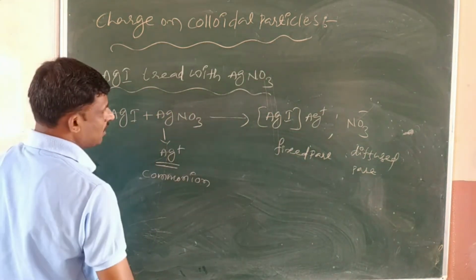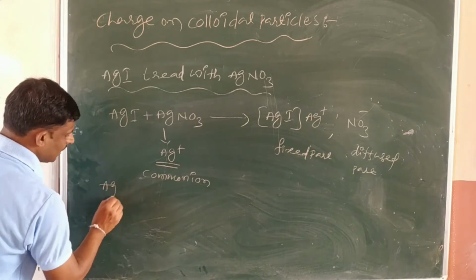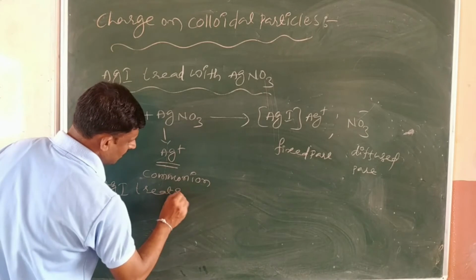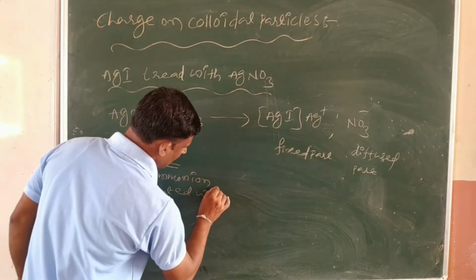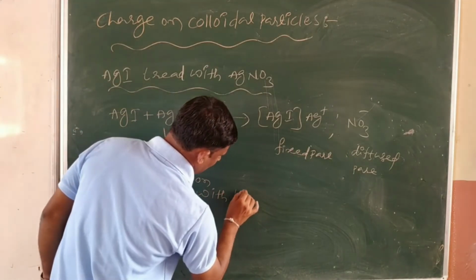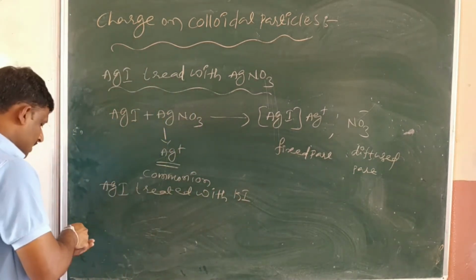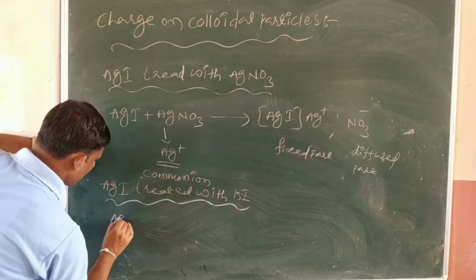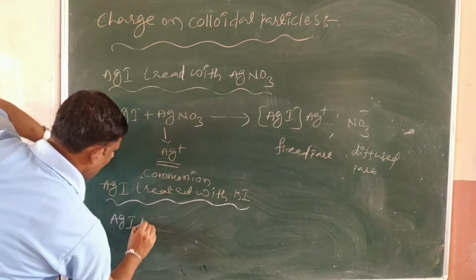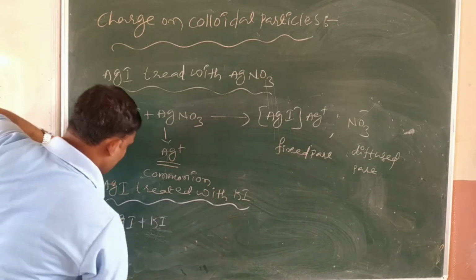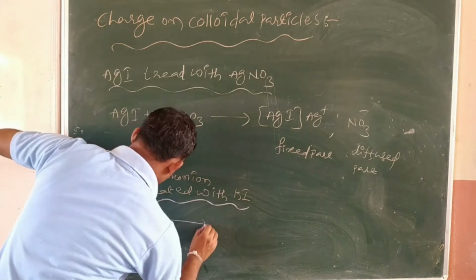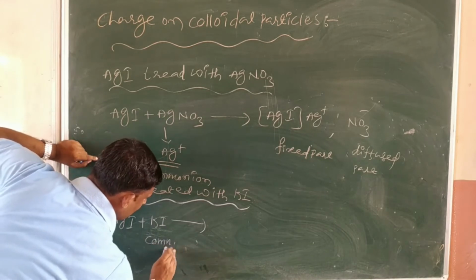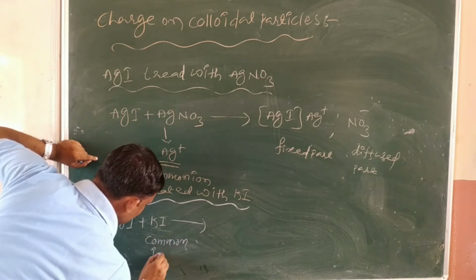Now, when AgI is treated with KI, potassium iodide, what happens? Here the common ion is I minus, not K plus.